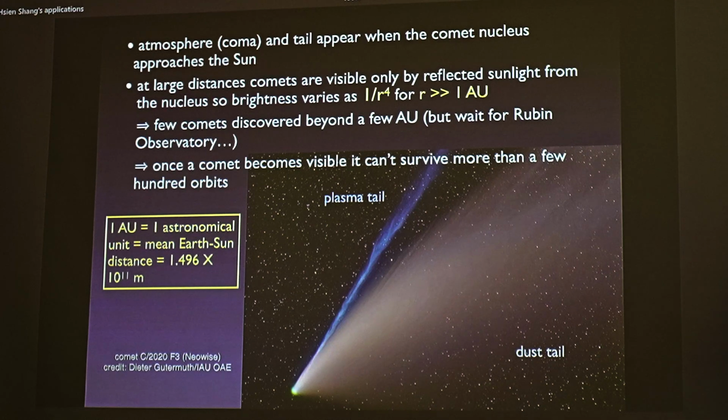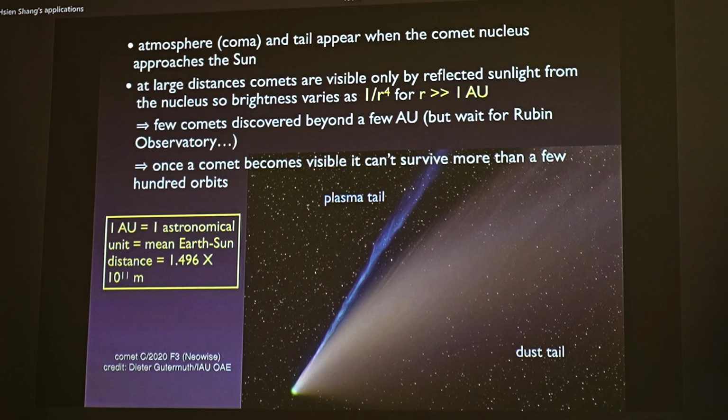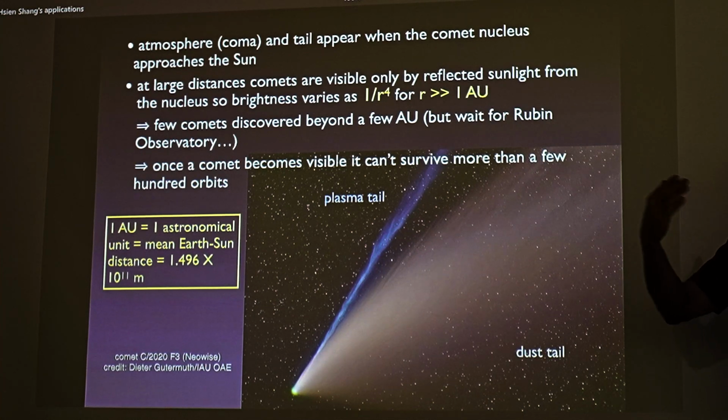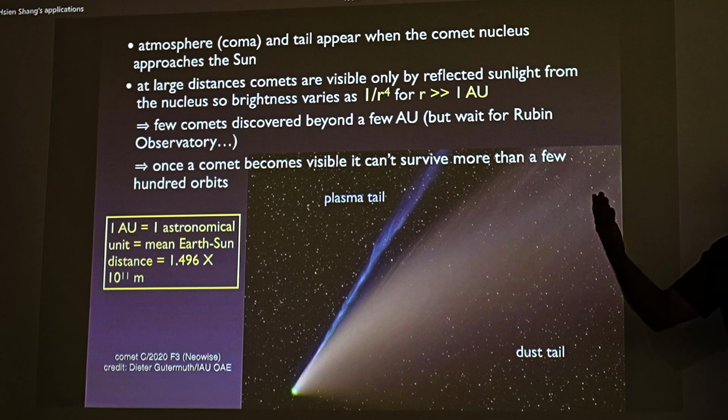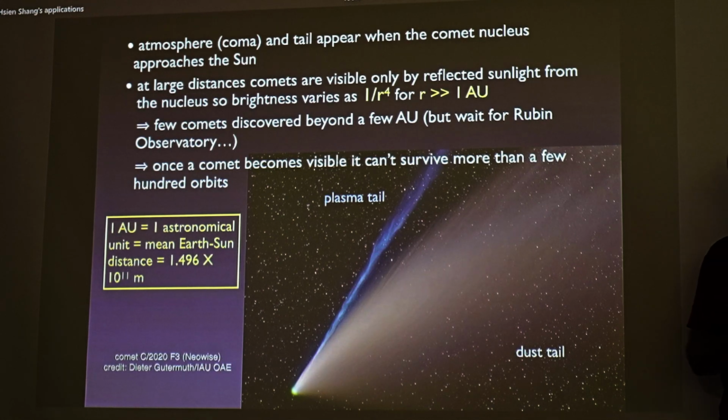At large distances from the sun, before the comet starts to develop a tail and a coma, you're only seeing the comet by the reflected light from the nucleus, which implies that the brightness of the comet varies as 1 over r to the 4th, 2 powers of radius for the light to get out to the comet and 2 powers of radius for the light to come back. That means that it's extremely difficult to discover comets at large distances.